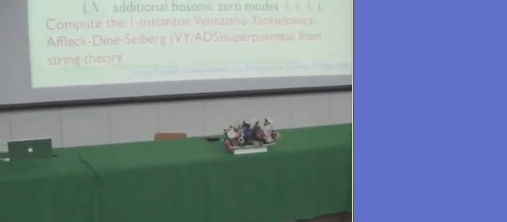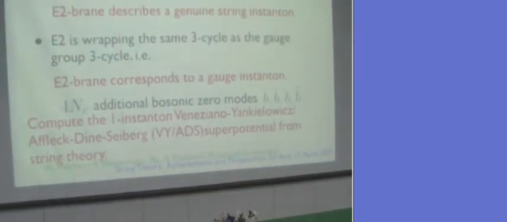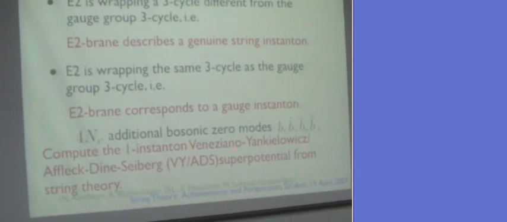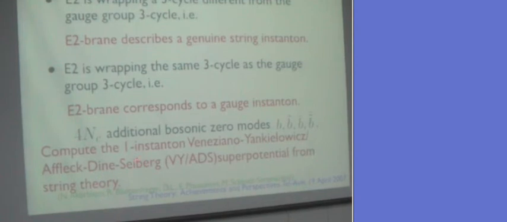Okay, so if you now are skeptical with this method, one good test, I think, is to compute the one instanton Veneziano, Yankielowicz, Affleck-Dine-Seiberg superpotential, which is very well known in field theory, using these stringy methods, and to see whether we get precisely this good old field theory result.